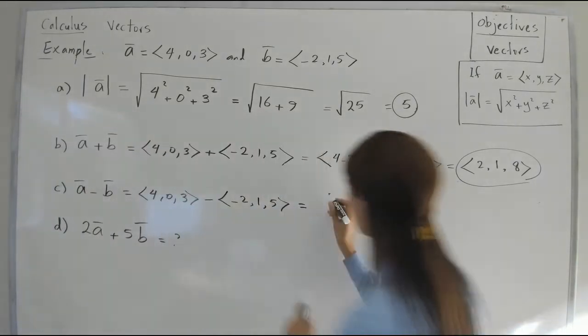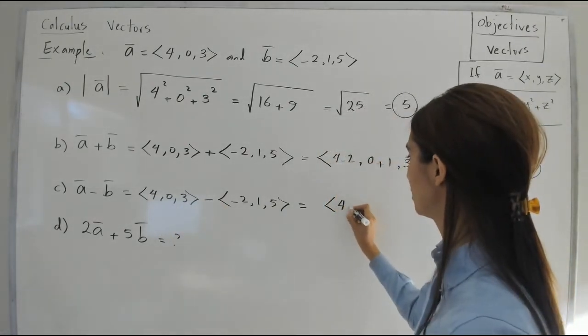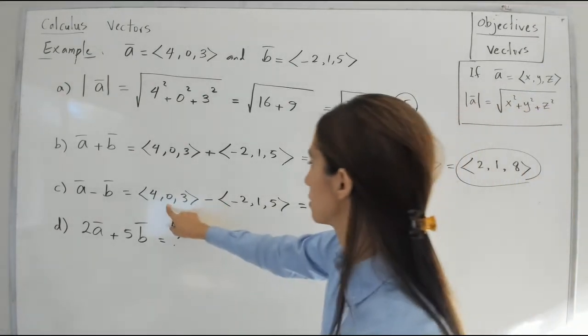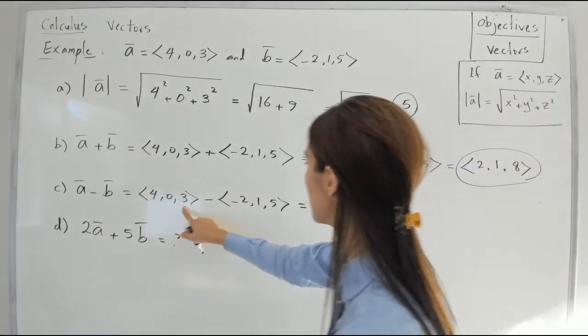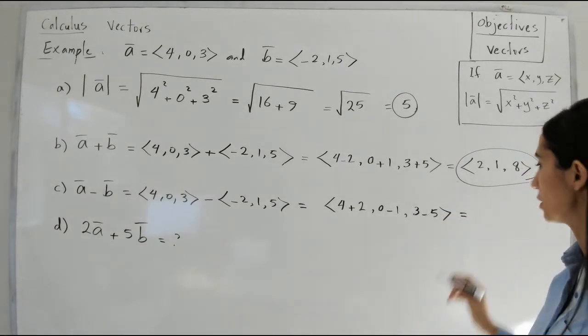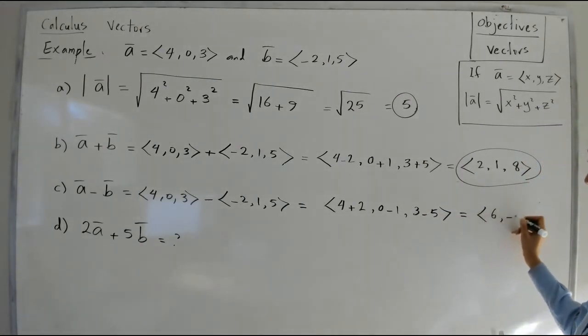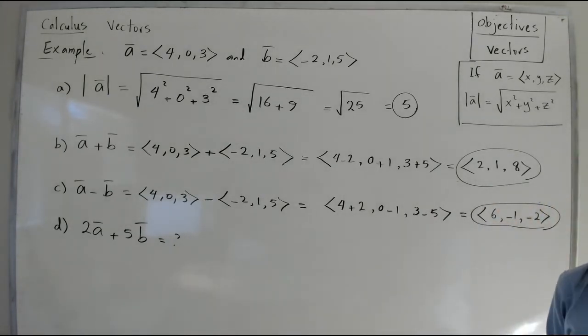So it's going to be equal to 4 minus minus 2, 4 plus 2, 0 minus 1, and finally 3 minus 5. There you go. The outcome is 6, negative 1, and minus 2. The subtraction between these two vectors.